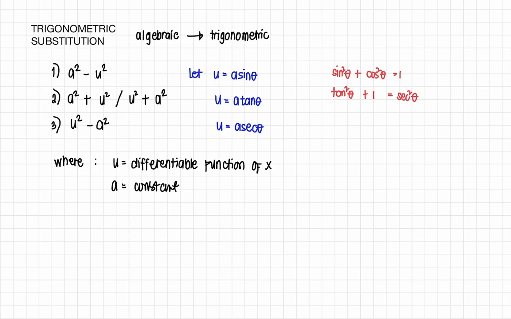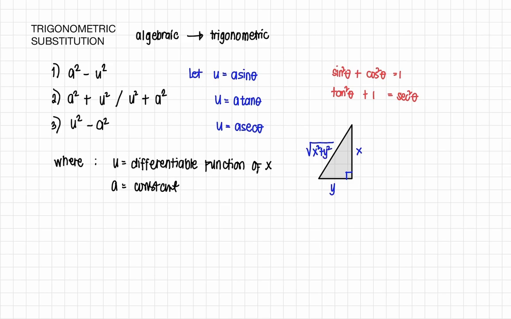And then also we're going to be using right triangle trigonometry as we have discussed in the previous video. If this is a right triangle here, if this side is x and this side is y, then the hypotenuse would be the square root of x squared plus y squared.